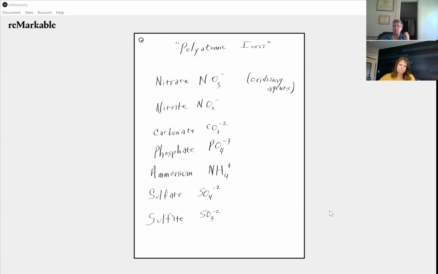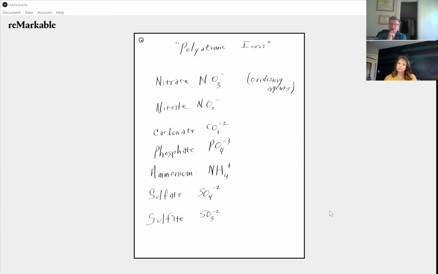When you're dealing with polyatomic ions, you treat them just like simple ions. But as you recall, in every example we've had, we've changed the ending of the name of the anion, typically from "ine" to "ide." So chlorine became chloride. Fluorine becomes fluoride. In polyatomic ions, the ending does not change.